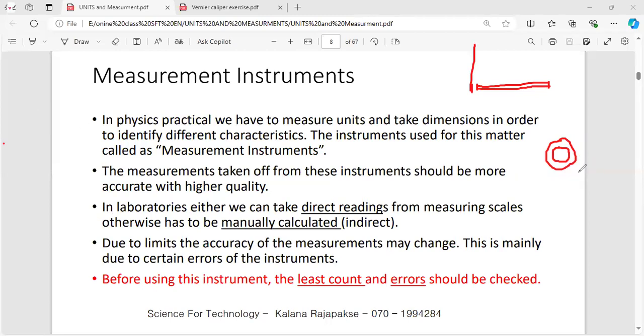Meter ruler measurements might be starting from somewhere here and the next one here and the next one here. Let's say if this is 0, this is 1, and this is 2. What is the least count? What is the least measurement we can take from a meter ruler? It is 1 millimeter, right? So here we have 1 millimeter, 2 units actually, but there's a problem.